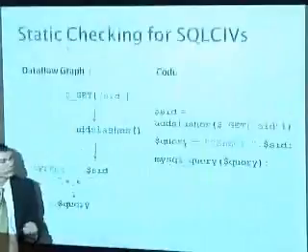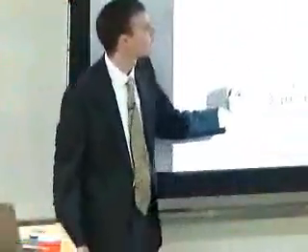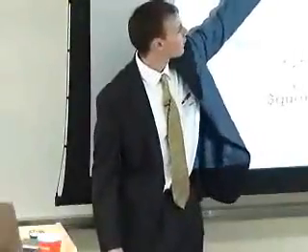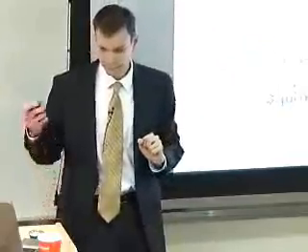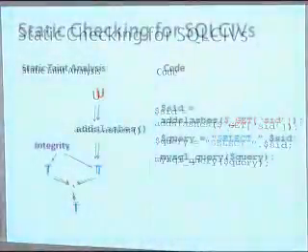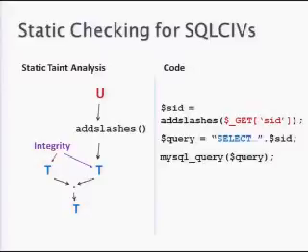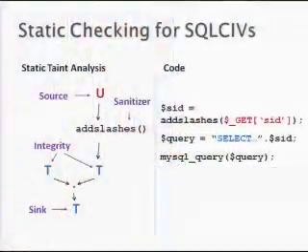So here again is our running example code, just abbreviated a little bit. And here's the data flow graph, where the get SID comes in, goes through the function into this variable, and they get concatenated into the query. Roughly, static taint analysis will take the following view of the data flow graph. All values get abstracted to atomic integrity values, either untrusted or trusted.